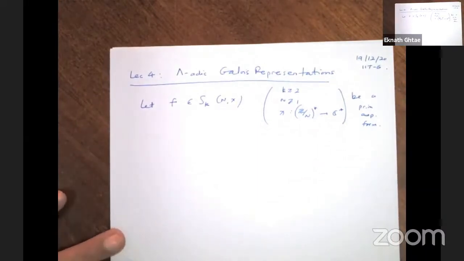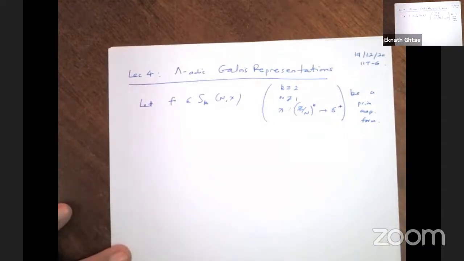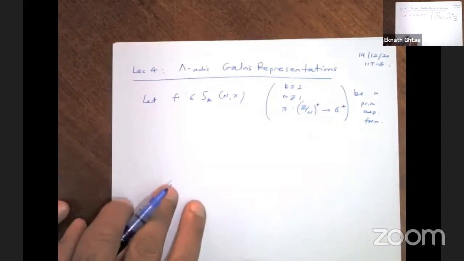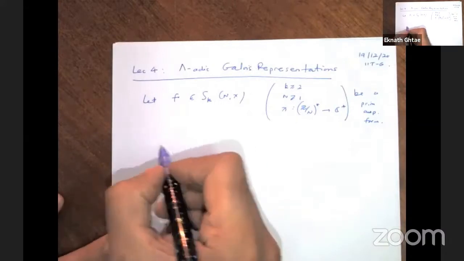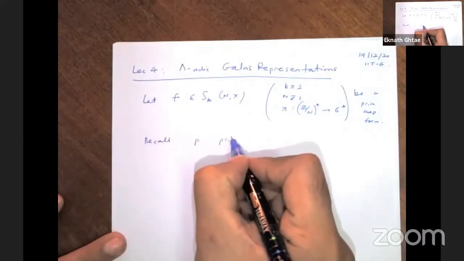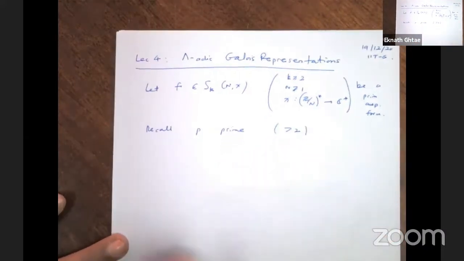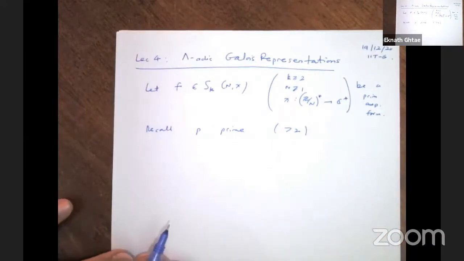Okay, so suppose you have such a form and p is a prime, but we will assume p is bigger than 2. But for this theorem, you don't need to assume p is bigger than 2. I assume it eventually for Lambda-Adic forms, because otherwise I have too much notation. I have to replace p by q equals 4. So recall p is a prime.